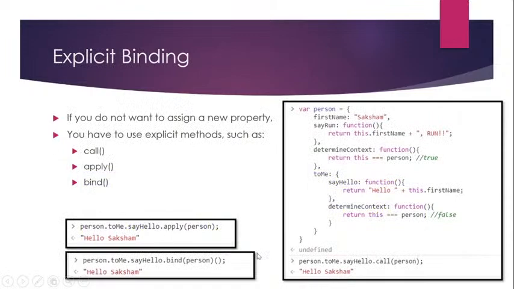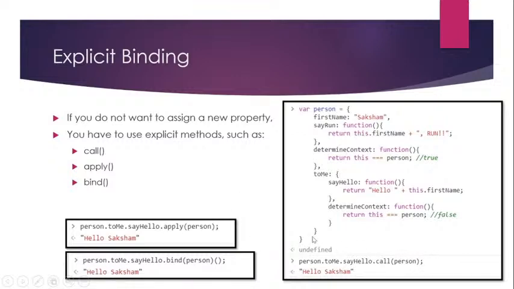Like in this case, I wanted to call it right away, so I told it bind person, and I gave these brackets. Now you might be thinking, what the hell, these brackets were not here, so why is it coming here? Well, these brackets were not here because these functions returned this statement right here, with this keyword being referred to the object person that we told them to be.